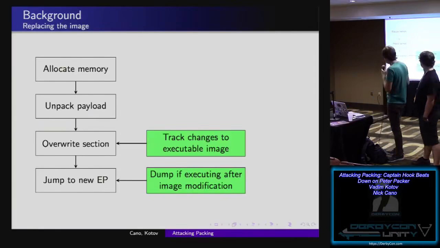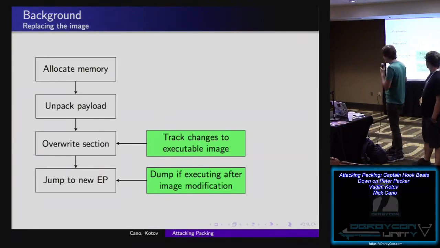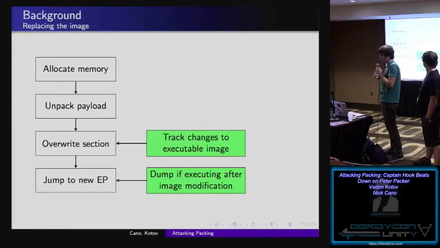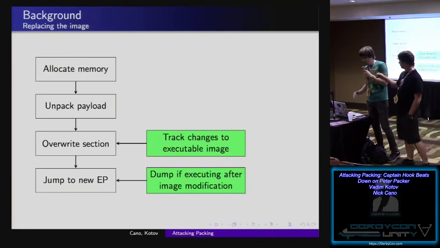When replacing an image, it would usually allocate some memory and unpack the code there, because that's easier to operate with. And it just overwrites the image section by section and jumps to the new entry point. In this case, a generic unpacker should track changes to the executable image, and if changes were made and execution in the code section was detected, then dump the whole image.